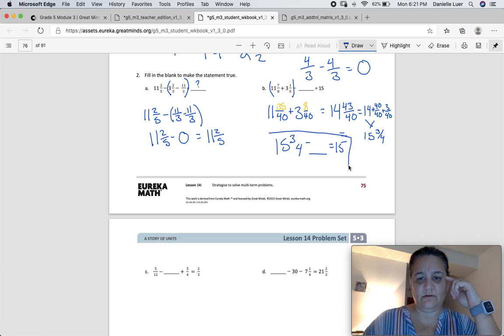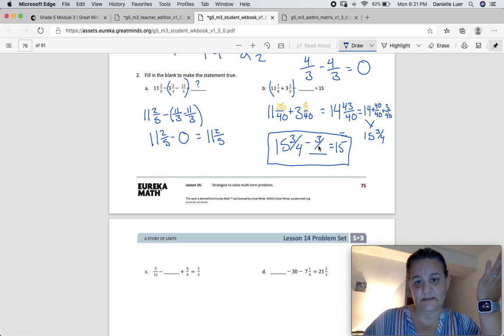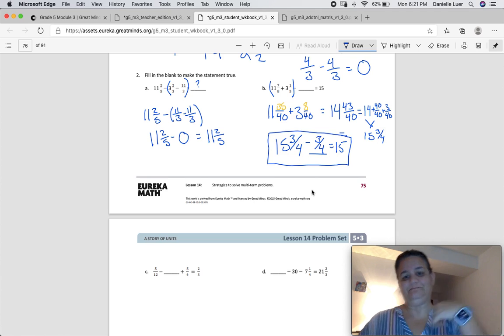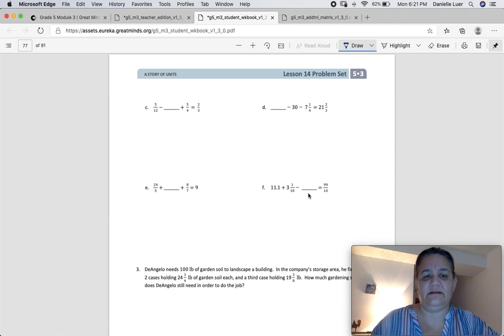what I want to subtract to make 15. Well, 15 and 3/4 minus 3/4 equals 15. Okay, there's the missing numbers in the middle again. But the great thing here is we can add and subtract as we need to.